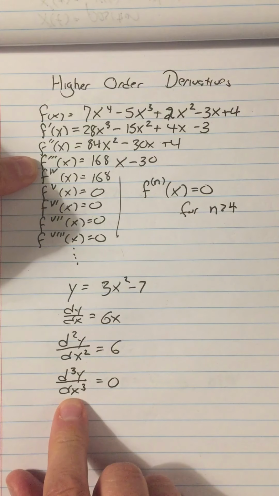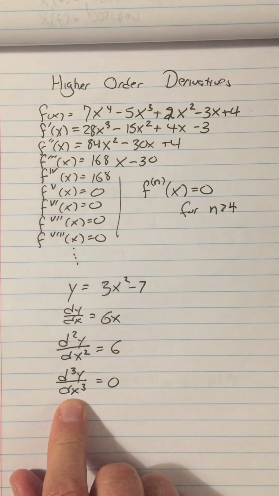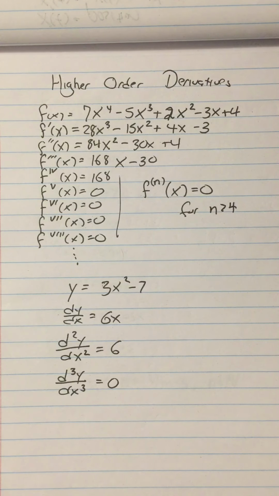F triple prime and d cubed y dx cubed mean the same thing. So we have a lot of different notations in calculus that refer to the same thing, but we use different notations in different contexts. Sometimes they have implications that hint at things you should be thinking about. Sometimes they just have different historical backgrounds, but we're stuck with them whatever they are.